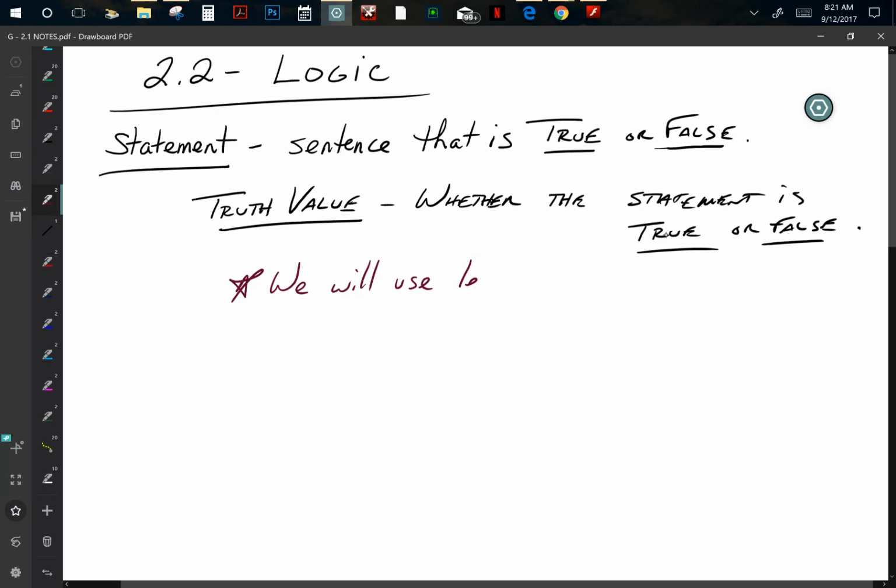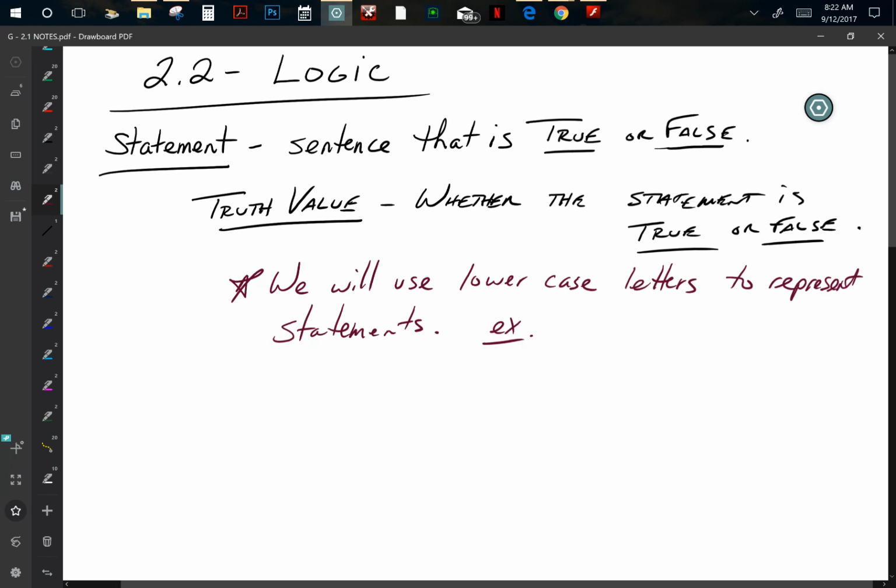We will use letters, or what's better yet, lowercase letters, to represent statements. As I've told you again, mathematicians are lazy.